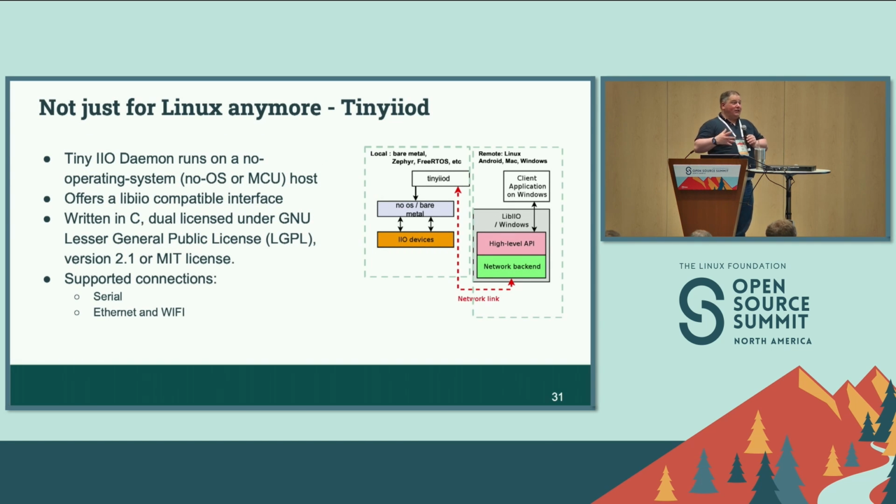But IIO is not just for Linux anymore. When I was at ADI, there were enough people that said, okay, I want to take my algorithm that I developed on my Linux environment with Raspberry Pi and move that to my microcontroller environment on Arduino, where I don't have a POSIX environment. So what we did was we made what we call Tiny IIOD.